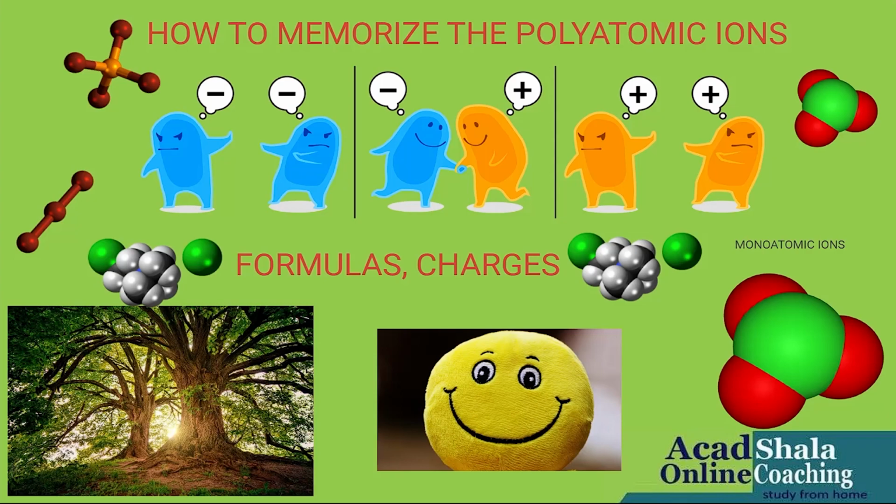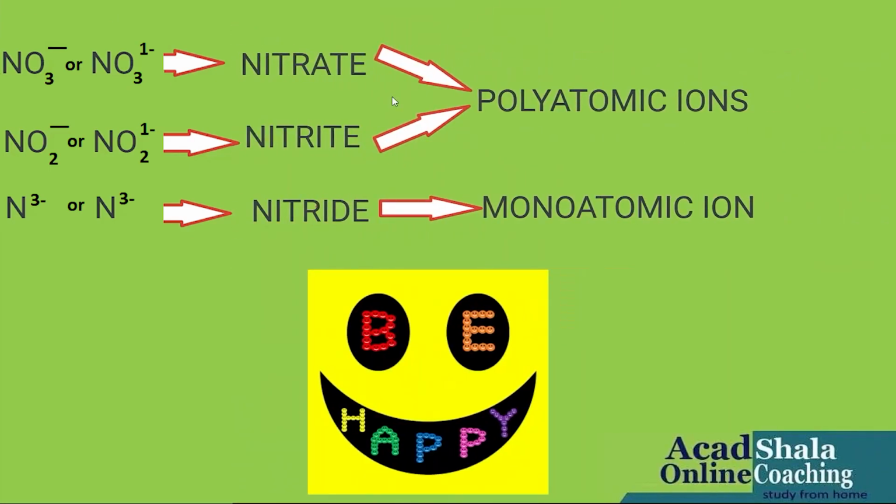In this video, we will focus on memorizing some polyatomic ions and monatomic ions, because you need to write chemical formulae of chemical compounds, balance equations, and so on. You need to know the charges as well. Now, let us see how to go for this.